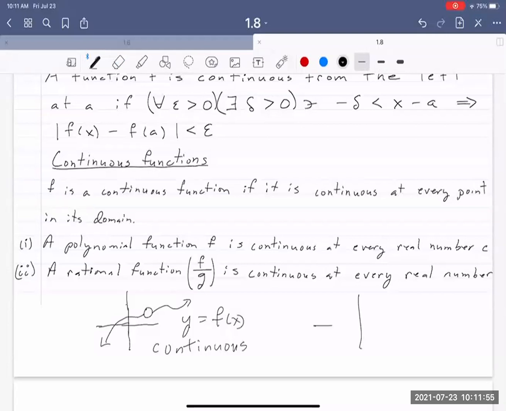Whereas if you happen to have a dot there, this is not continuous. It's not a continuous function.